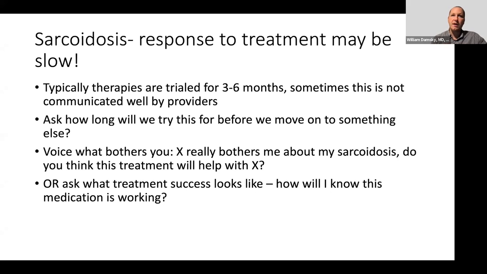I really find it's so helpful to say specifically, X bothers me about having sarcoidosis in the skin, whether it's a swelling, whether it's the itch, whether it's the dark marks. And when a doctor is recommending a therapy for you, it's really important to ask, do you think this therapy will help with X?